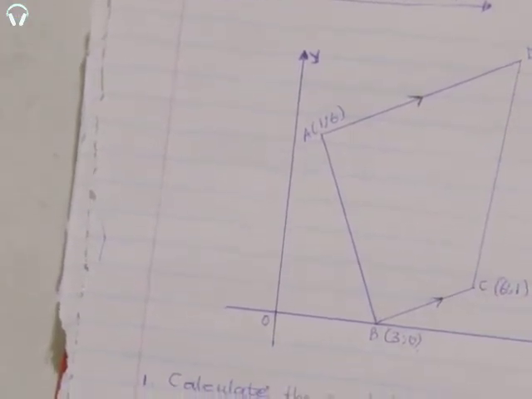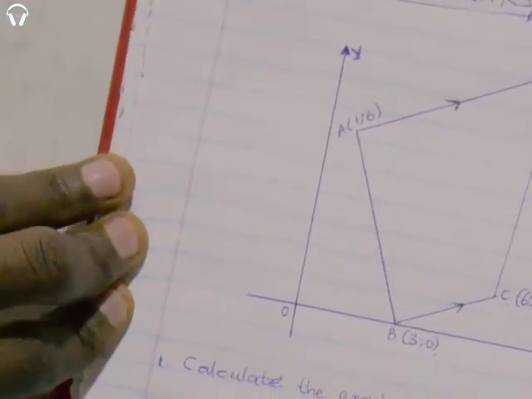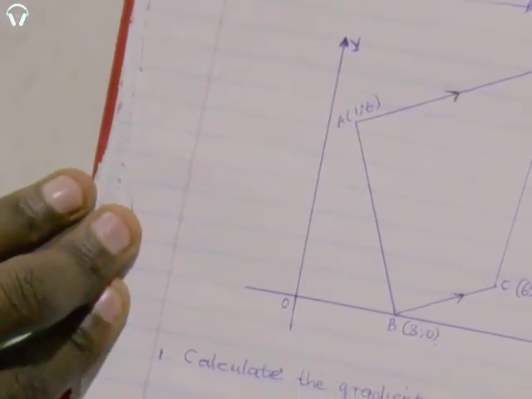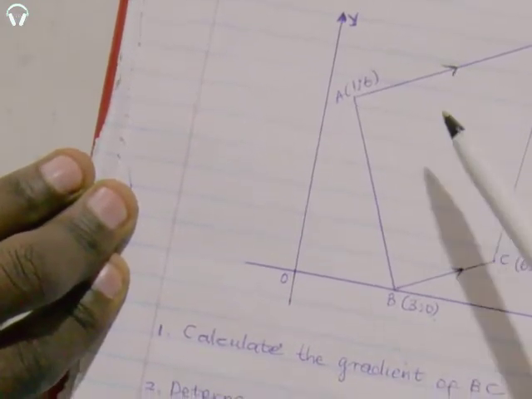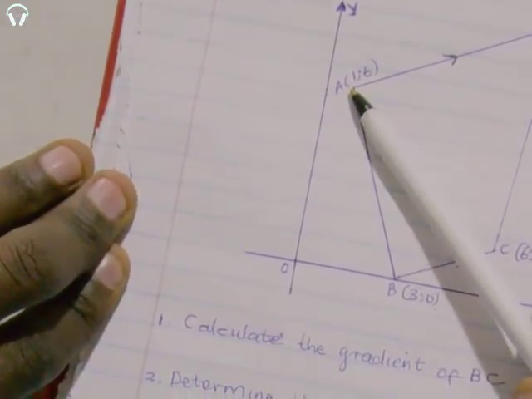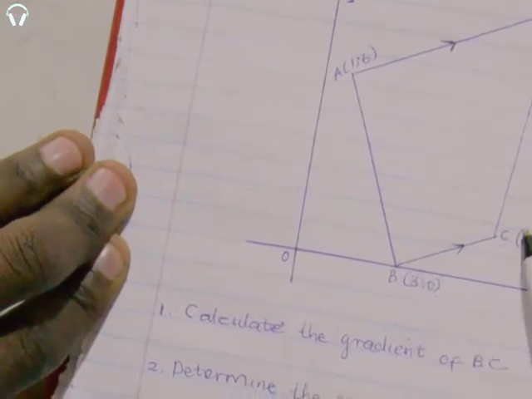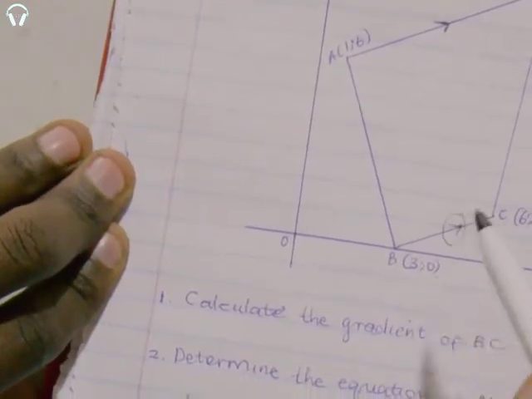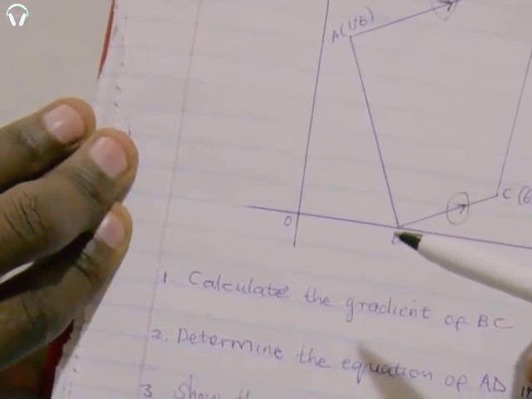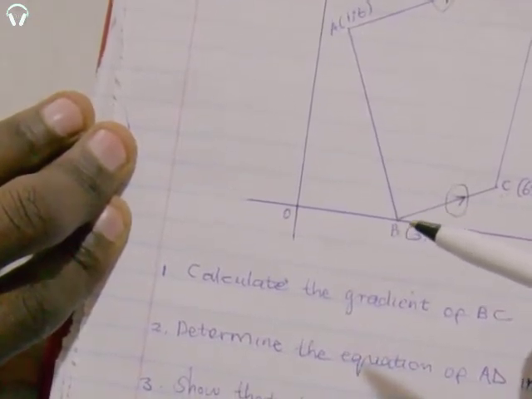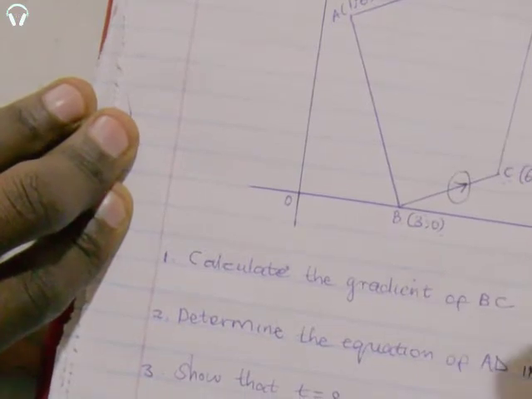But there's something very interesting about lines that are parallel: lines that are parallel have the same gradient. And from our diagram, we know that AD is parallel to BC because of these two ears, I call them ears, they signify that two lines are parallel. So if two lines are parallel, they have the same gradient.